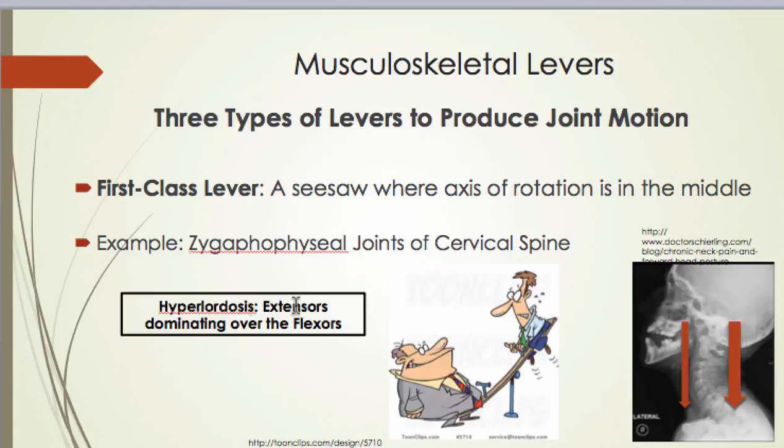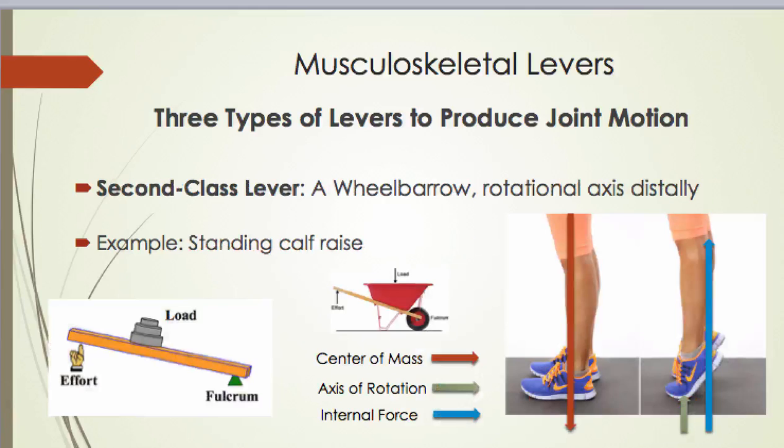When we get hyperlordosis, we have the extensors dominating to even a greater degree, okay, causing an increased lordosis because of weakness of the antagonist muscle, which is still a synergist, really. Even though it's an antagonist, it's a synergist to keep the head in a neutral position. So that's a first-class lever. There's not a ton of those in the body, but this is a good example.